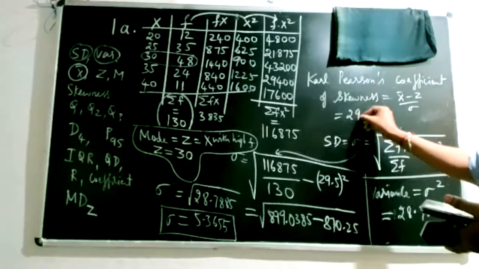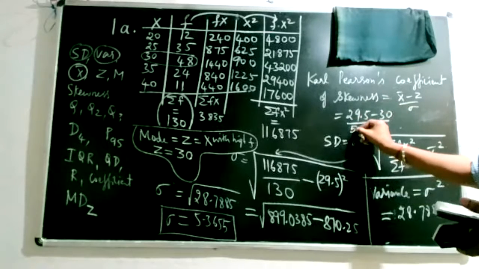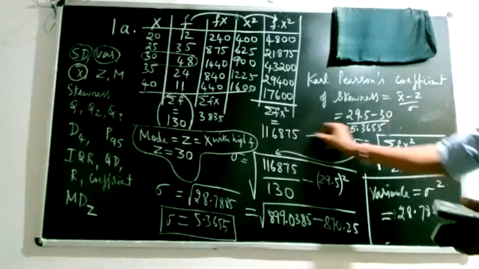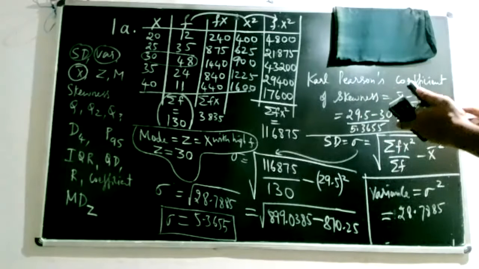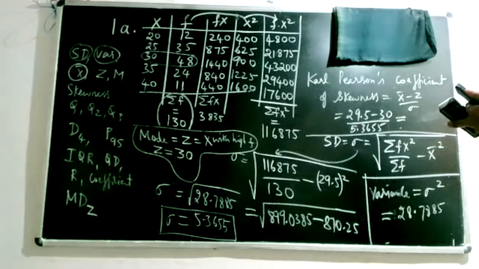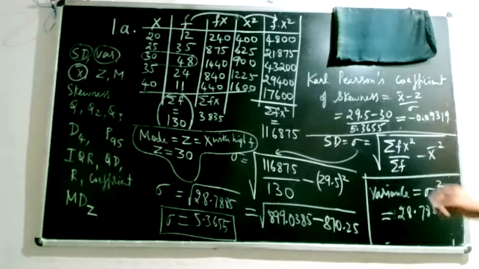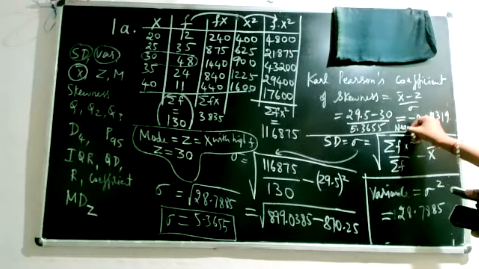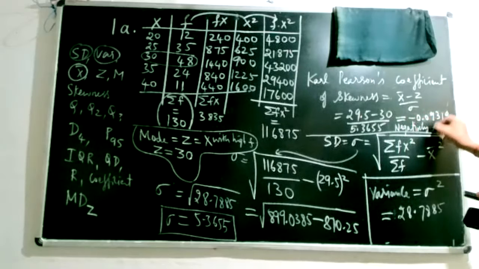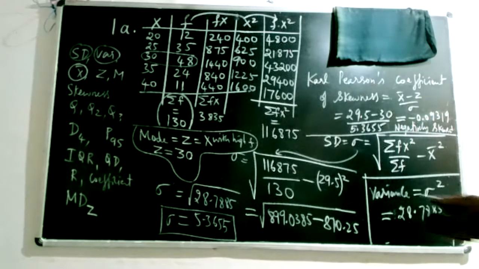X bar is 29.5, z is 30, and sigma is 5.3655. So again, we are observing negative skewness. 29.5 minus 30 is minus 0.5 divided by 5.3655 is minus 0.09319. So you can say the distribution is negatively skewed.